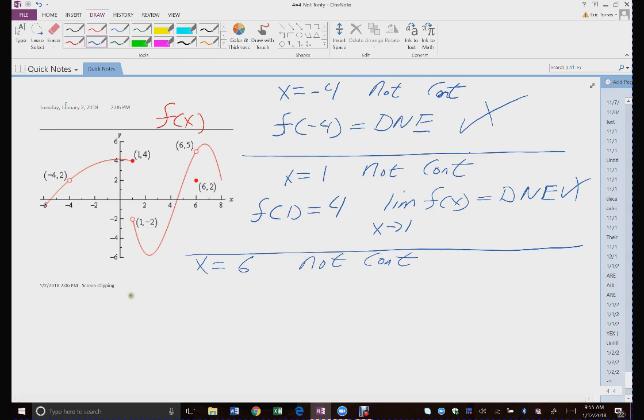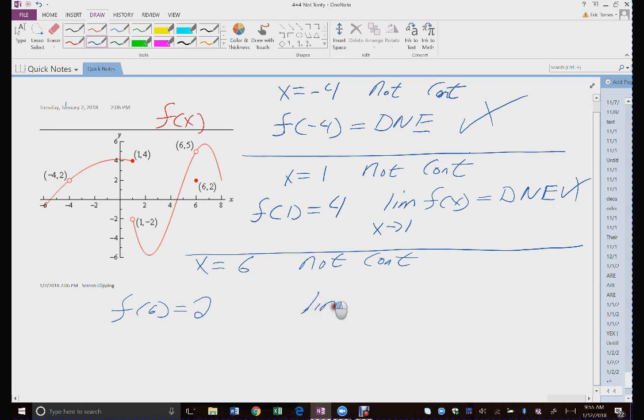Does the y value exist when I plug in 6? And the answer is yes, I do get a y value. So I can't say that it's not continuous because the function does not exist when x is 6. It does. When x is 6, the function is 2. So the point is there at 6. There is a point. How about the limit?